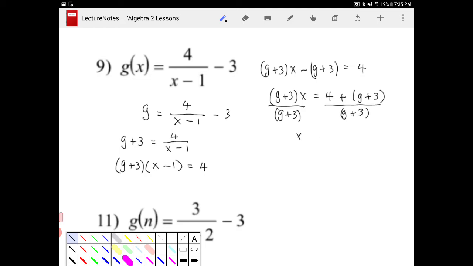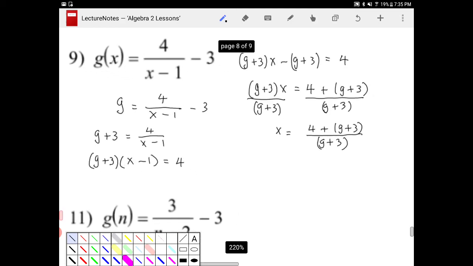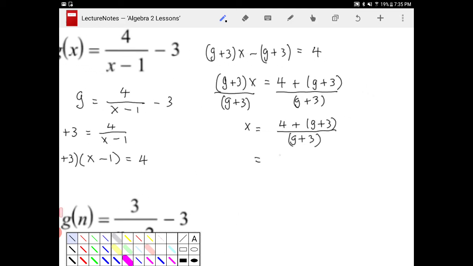If I do that, I'll end up with x is equal to 4 plus (g plus 3) all over g plus 3. Of course, you can simplify this down. This will become g plus 7 over g plus 3 is equal to x. My final answer is g inverse of x is equal to x plus 7 over x plus 3.